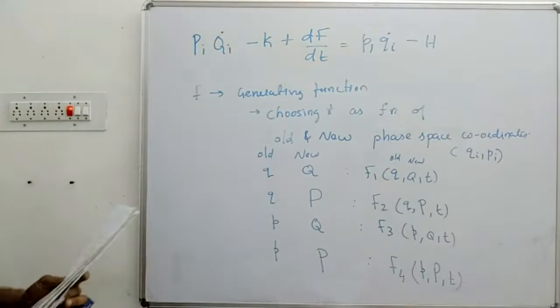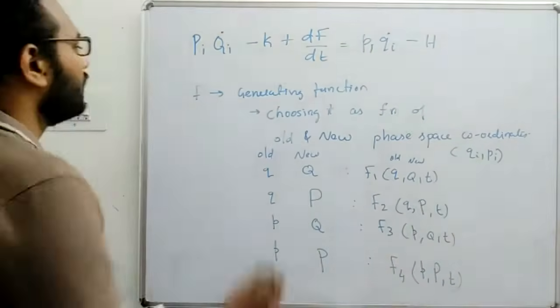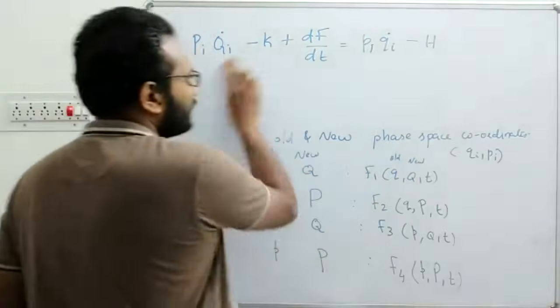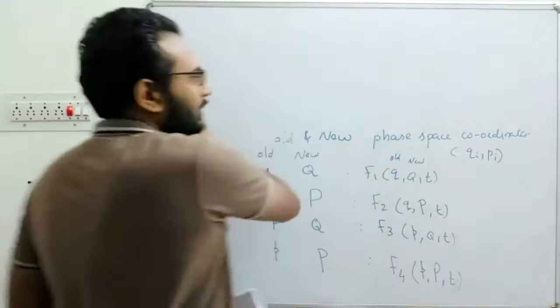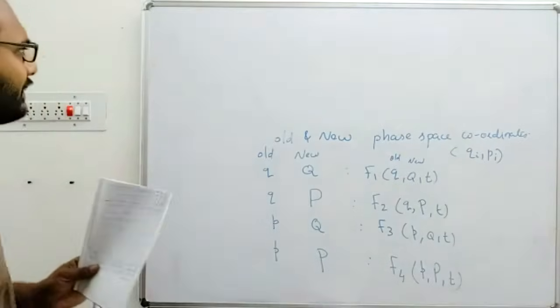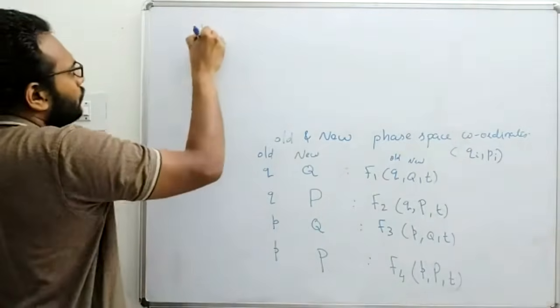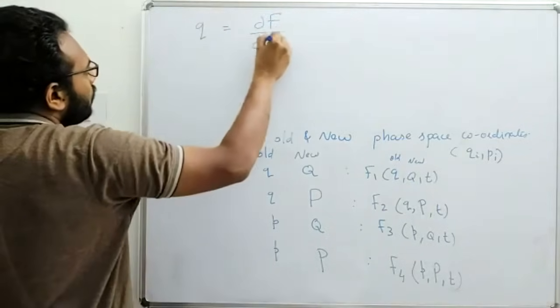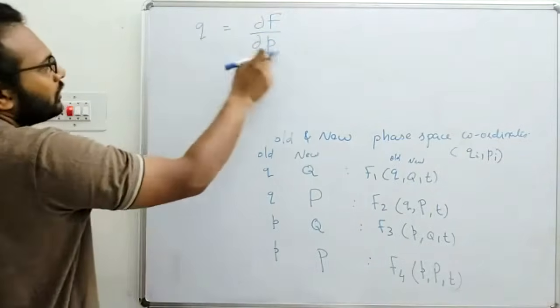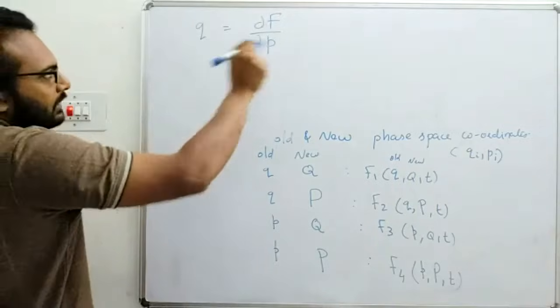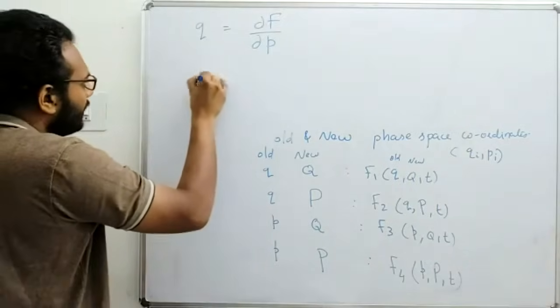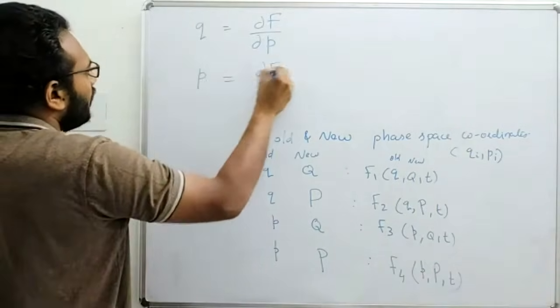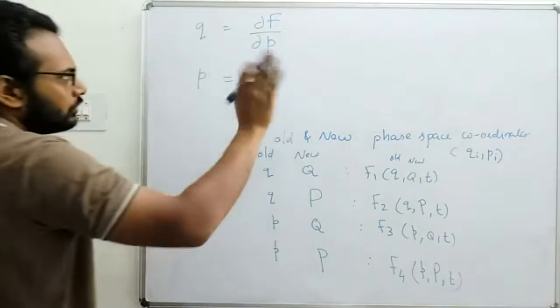Now, how do we find the equations relating the coordinates from the generator? It's easy. If you want to find q, it's always dou F by dou p. The sign we will fix now. If you want to find p, it's always dou F by dou q. No doubt in that.